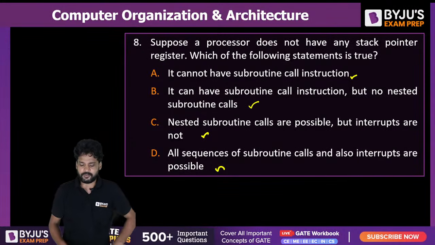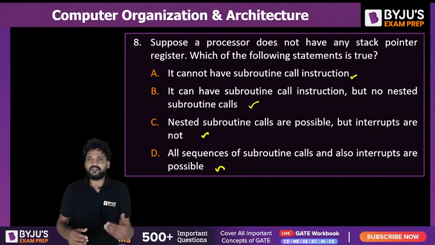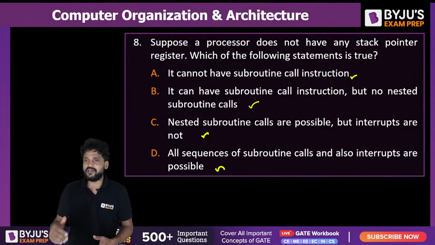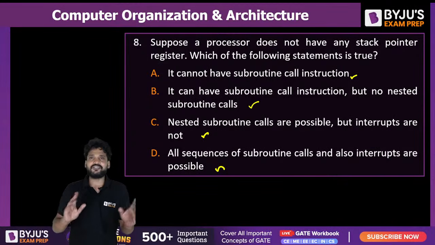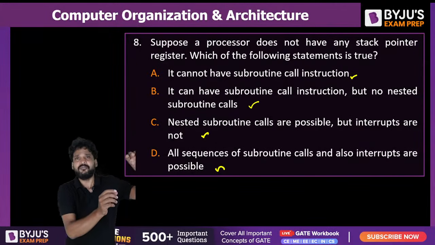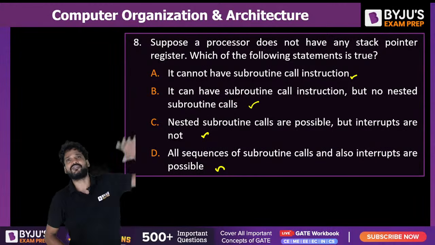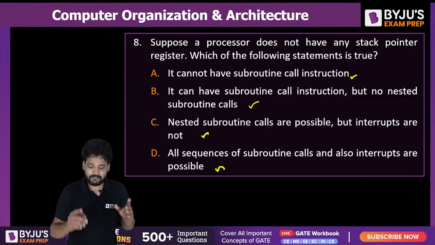Simple. Most of the people think that, of course, if we have a stack, subroutine calls and returns are possible. If we do not have a stack, subroutine calls and returns are not possible. See, if we do not have a stack, we can also use some memory or some CPU registers in order to store the program counter value.